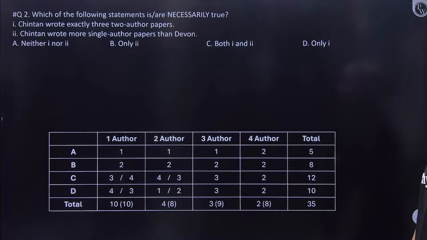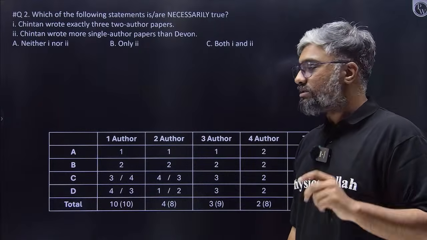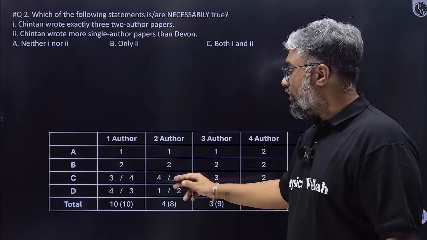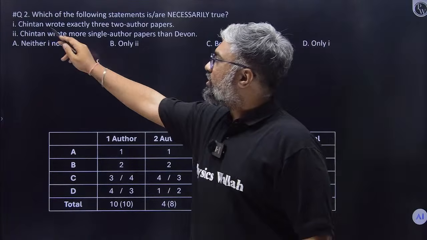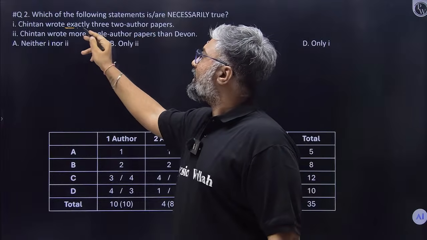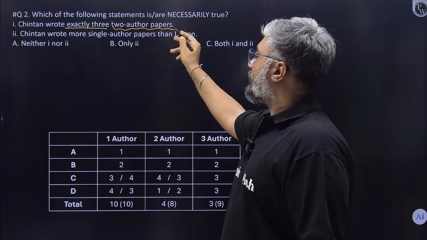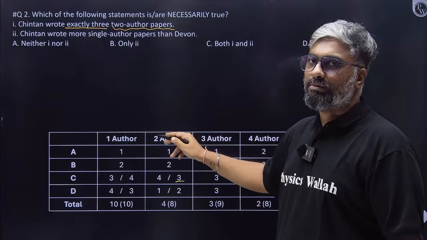Which of the following statements is or are necessarily true? We have to be careful here because we have 2 cases going on. Chintan wrote exactly 3 2-author papers. Did Chintan write exactly 3 2-author papers?